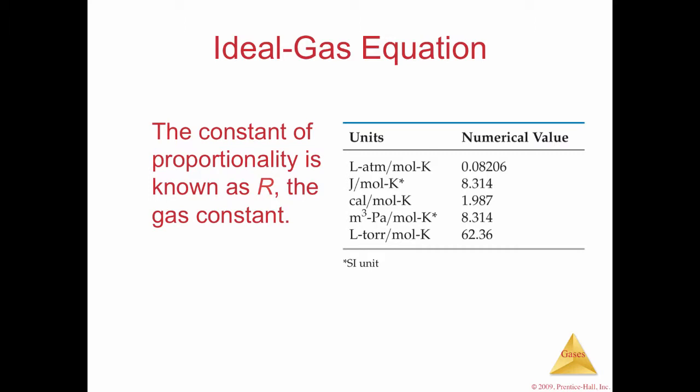Most commonly, you'll see it in the first unit listed here, and that's liter atmospheres per mole Kelvin, and the numeric value is 0.08206. So if you're doing a calculation involving the ideal gas law, and you want to use this constant for your R value, then your volume must be in liters, your pressure must be in atmospheres, and then your temperature must be in Kelvin for all gas law calculations.